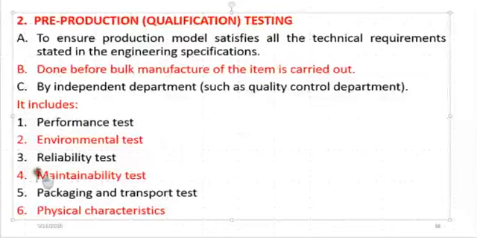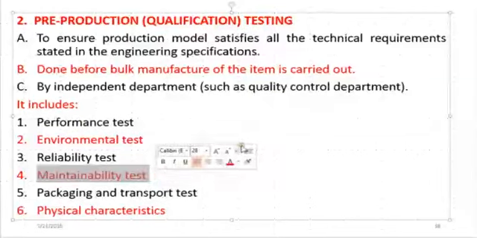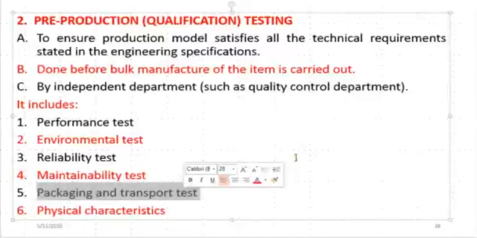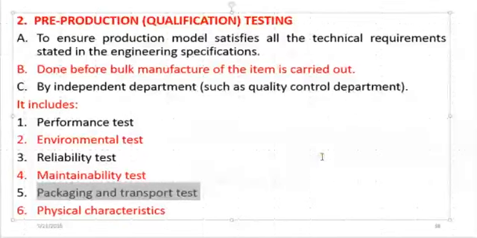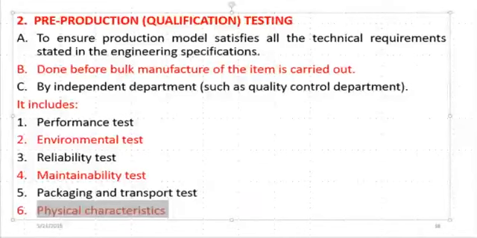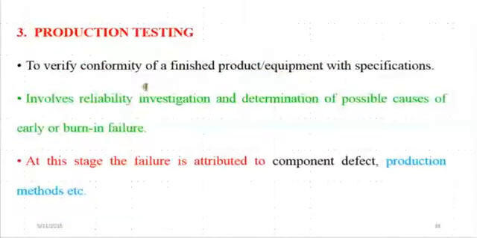We also carry out maintainability tests to see how soon we can restore it to operation when there is a failure. We also carry out packaging and transporting tests. We put it in a package, subject it to pressure, or drop it to see how it is going to be. Is it going to be damaged? Is it going to be safe or not? We also carry out what we call physical tests to visualize the shape of the device produced and see whether it satisfies all our requirements.